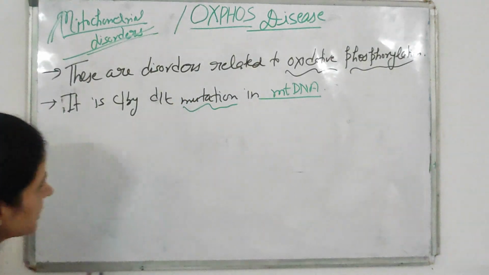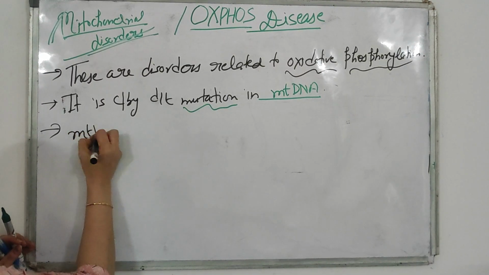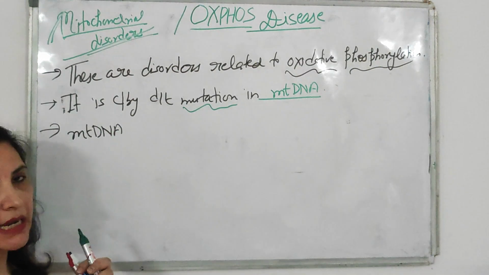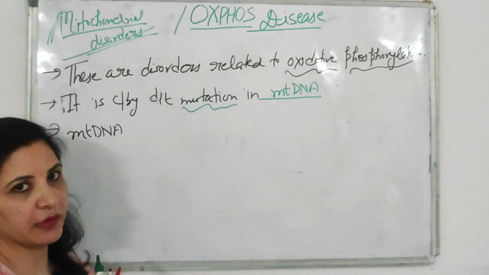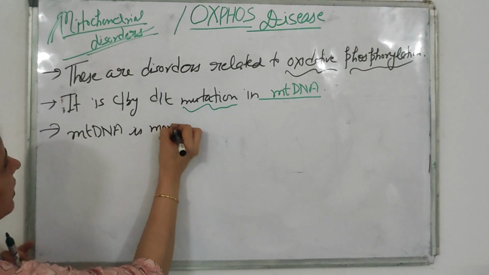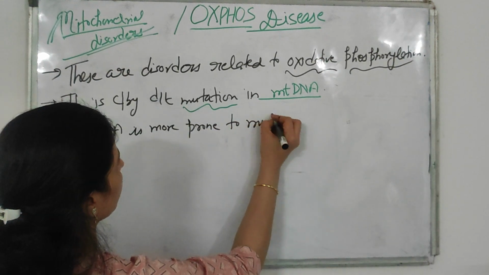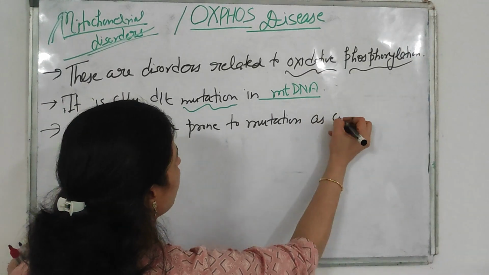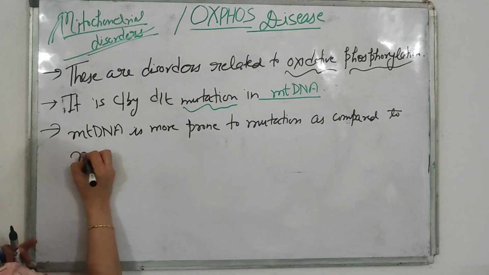Next, a question asked in the viva also: why is mitochondrial DNA more prone to mutation as compared to nuclear DNA?